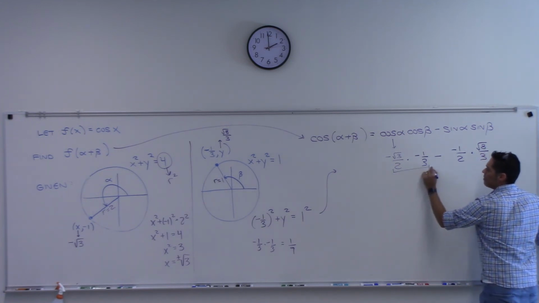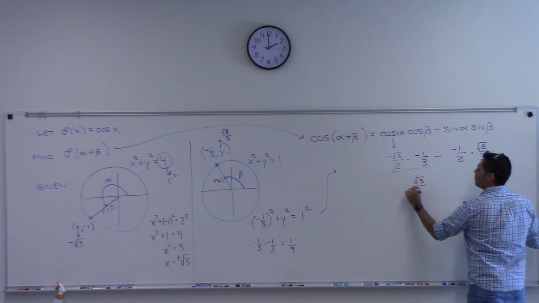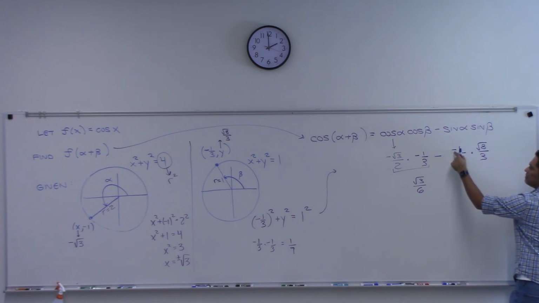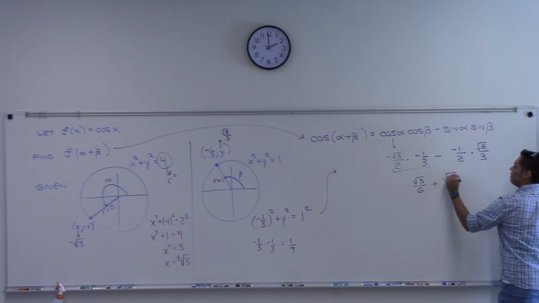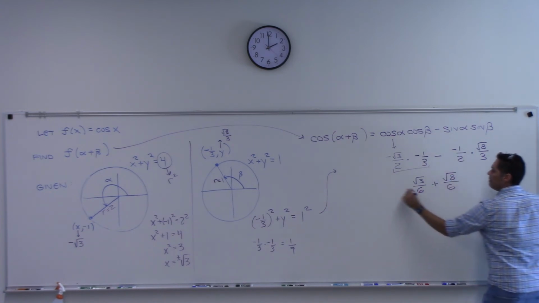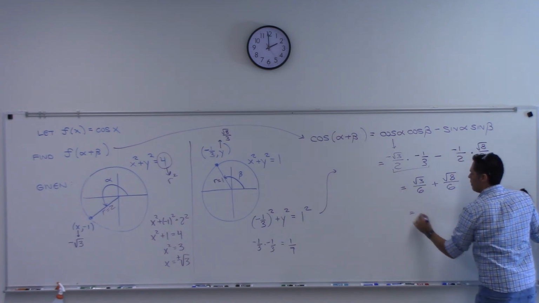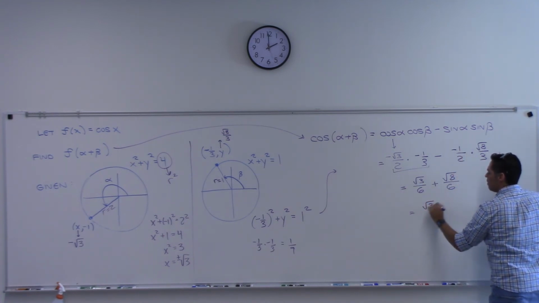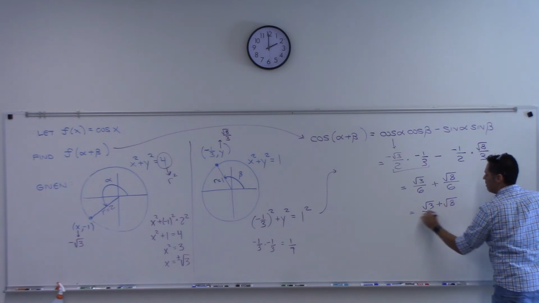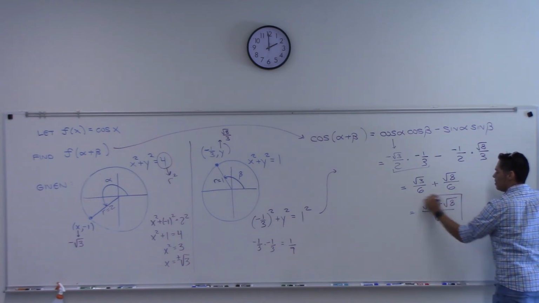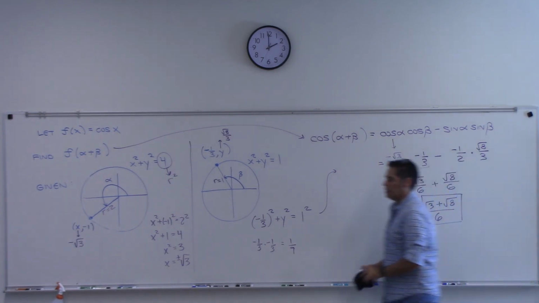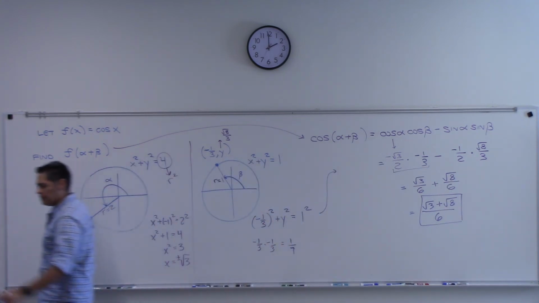Put these two together. That's root 3/6. Minus minus is plus. Root 8/6 again. And then you can put those together. Root 3 plus root 8. Cannot combine those together, right? Those are apples and oranges. So you can't combine them.